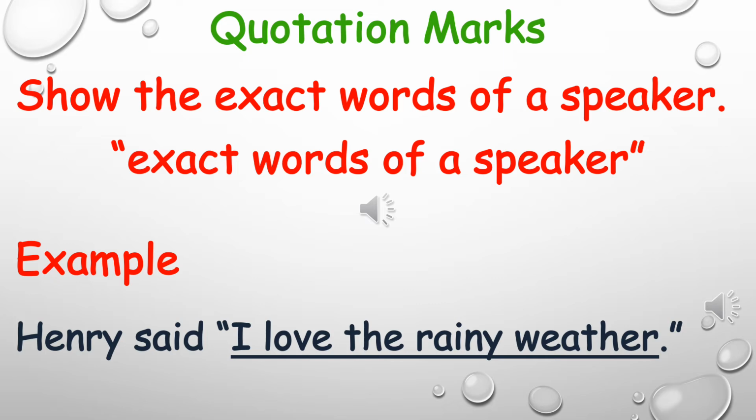I love the rainy weather. The words underlined blue need to go inside the quotation marks. Why? Because they are the words spoken by Henry. Remember, we need two sets of quotation marks, one at the beginning of the dialogue and the second at the end of the dialogue.